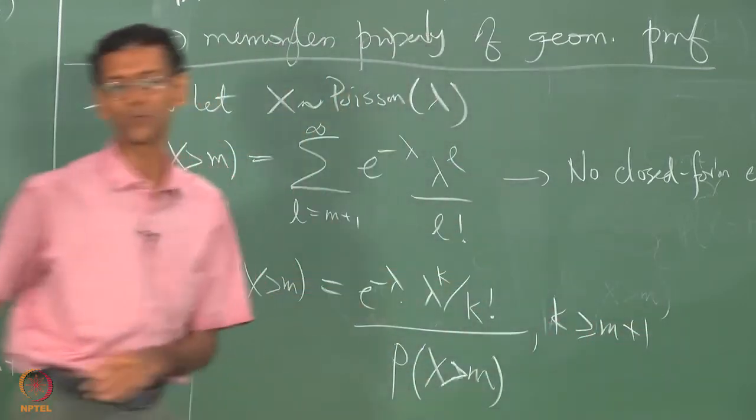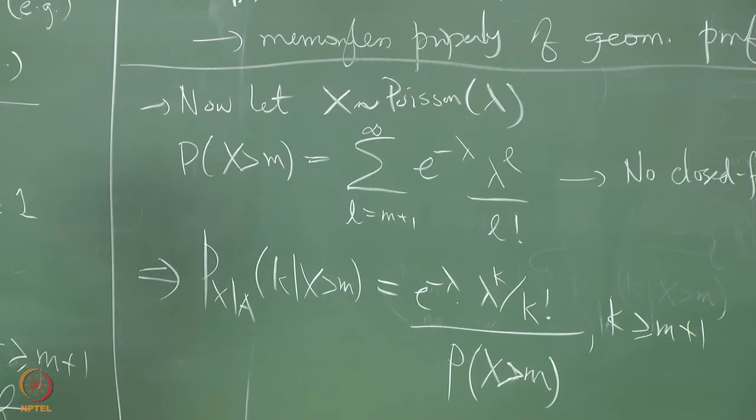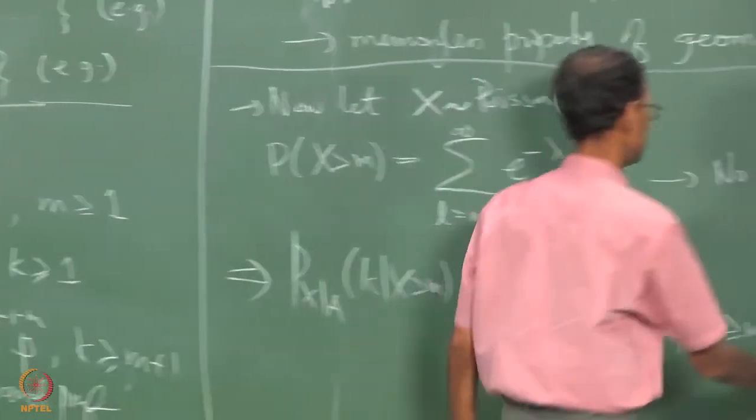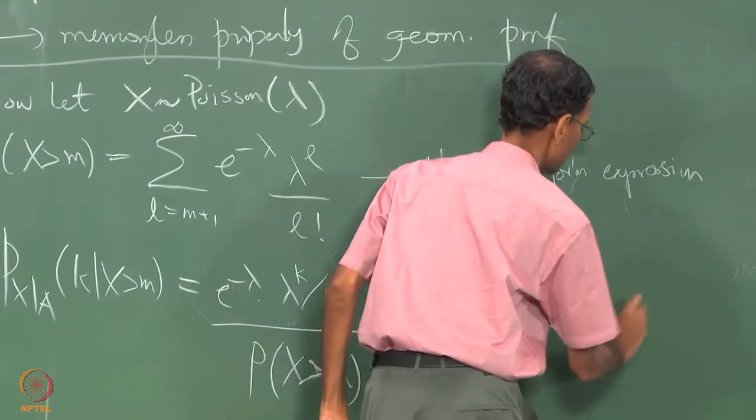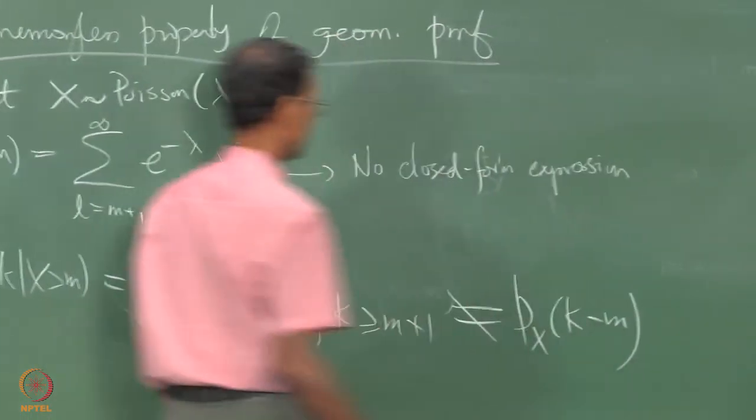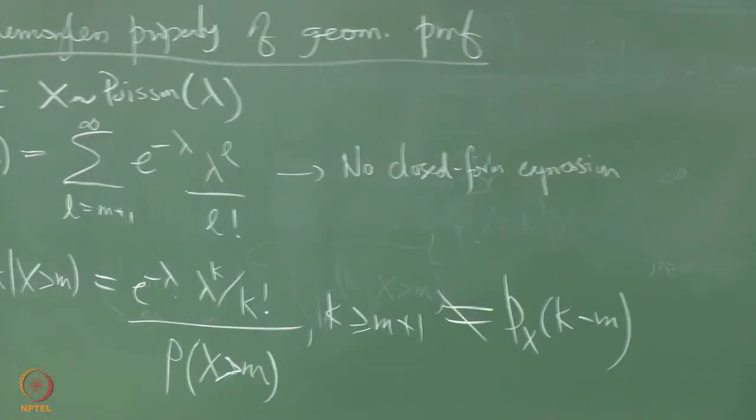Of course you should always put that. So, this is not equal to P_X of k minus m by any stretch of the imagination.